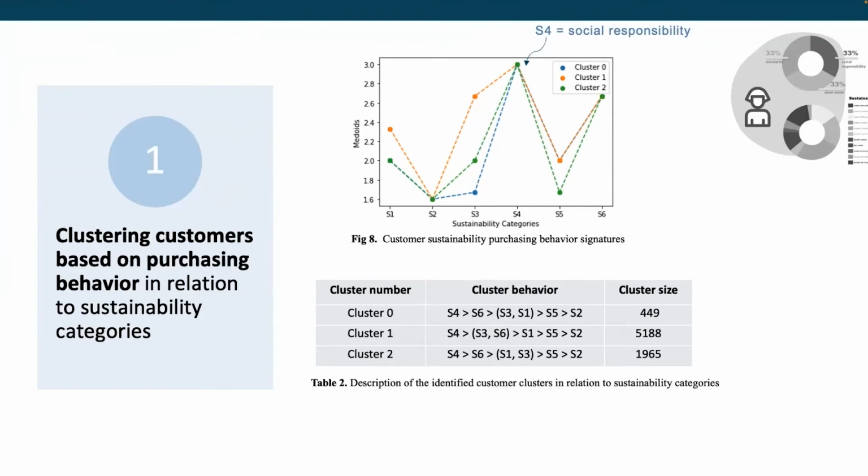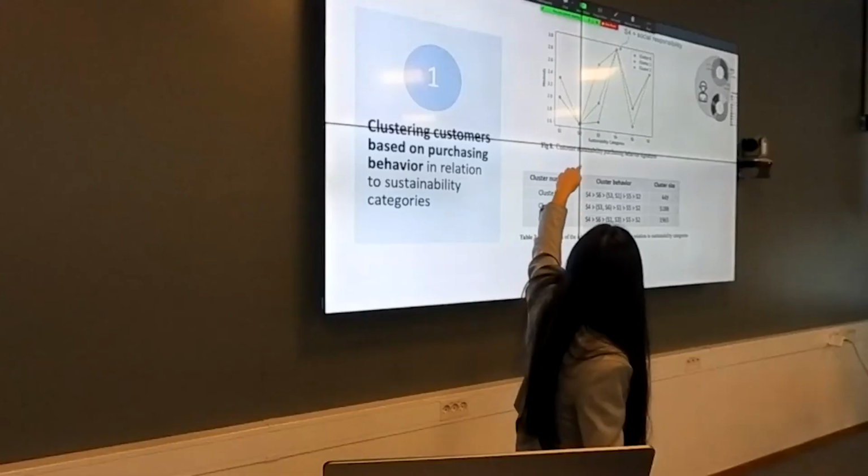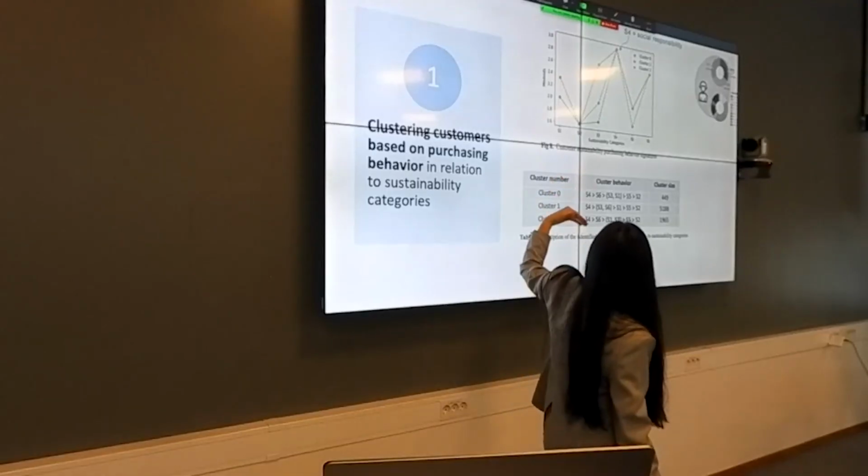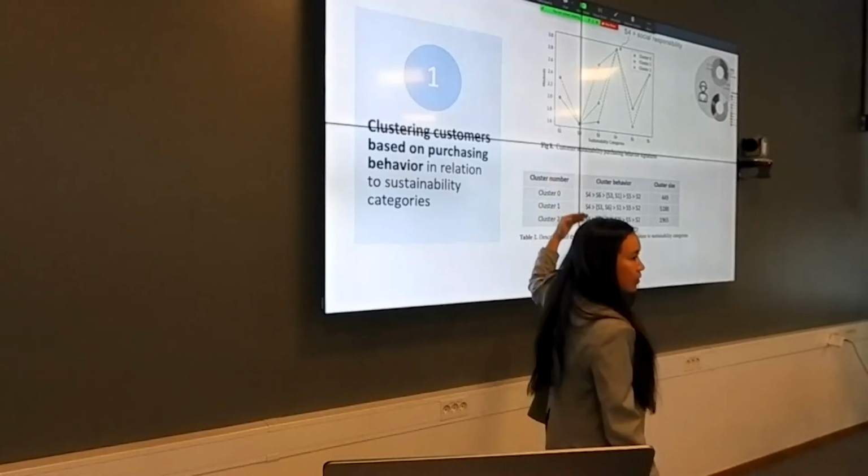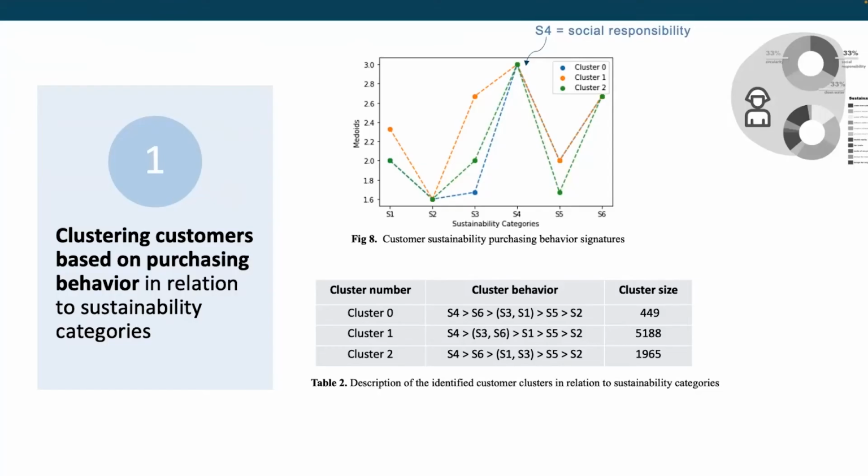And they prefer S4, which in this case is the social responsibility of the products, that has the highest preference in the products that they have purchased. And the Y value indicates how much preference has been represented in their purchasing behavior.